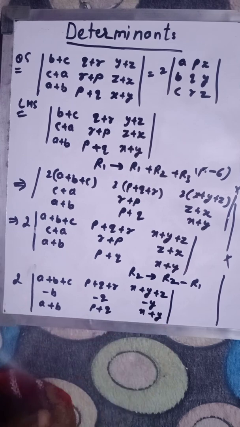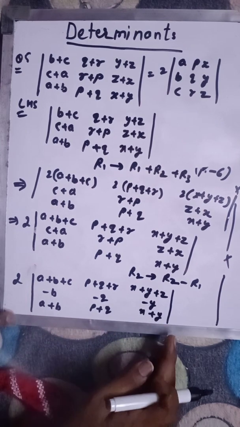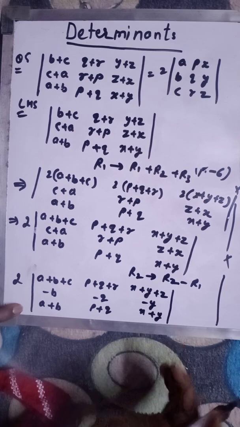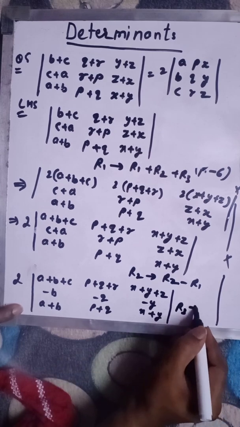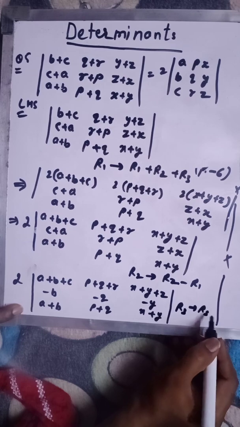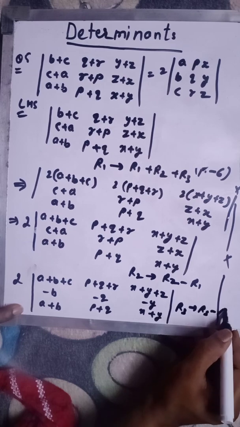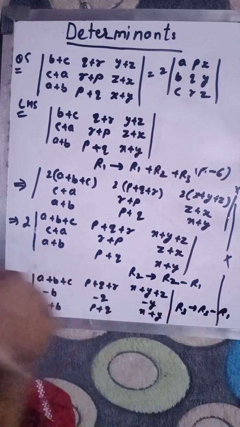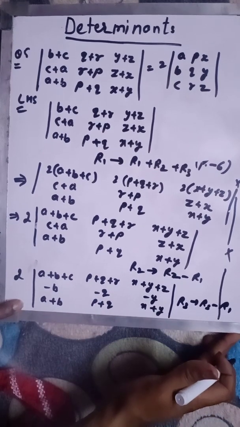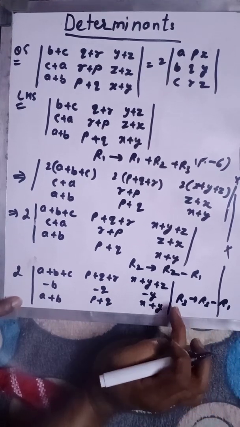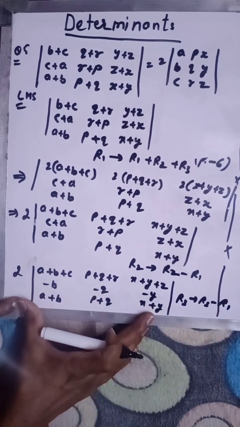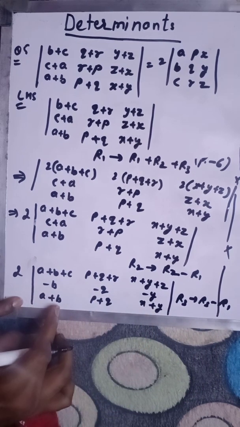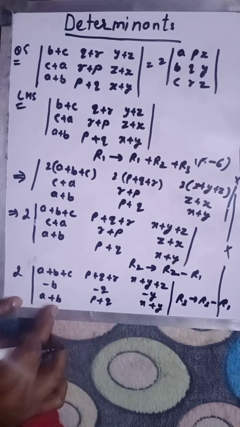Now in this, I'm applying this operation: R3 goes to R3 minus R1. If you apply this operation, in the next step you will get this minus this. You will get minus c here.